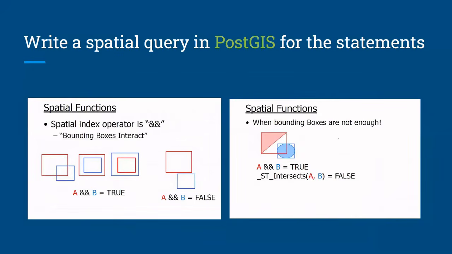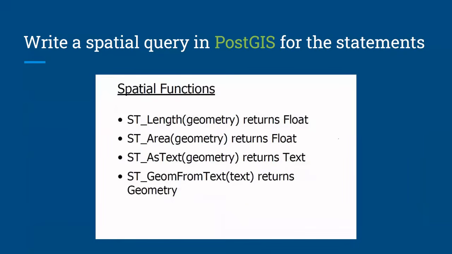Other spatial functions would be ST_Union, and it works as follows. These are just a few examples. Finally, among the spatial data functions we also have ST_Length of a geometry, which returns a float corresponding to the length of such a geometric object.